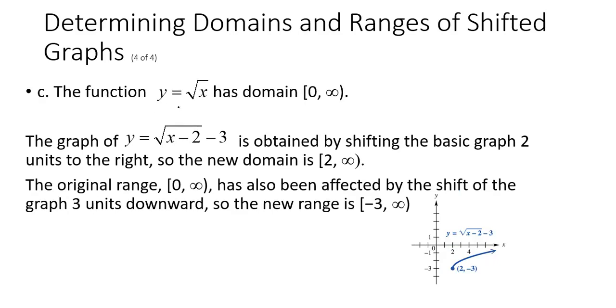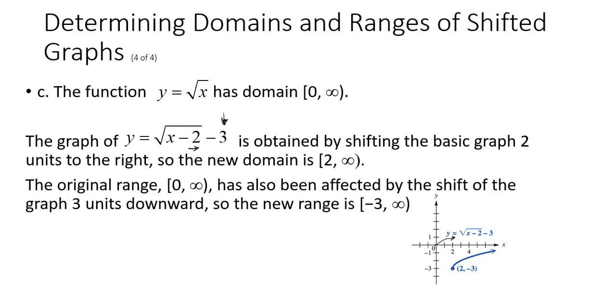Here, the function y is equal to square root of x, which was originally at the origin. It shifted down 3 units and it shifted to the right 2 units. It's right here now. As you can see, it changes the domain.